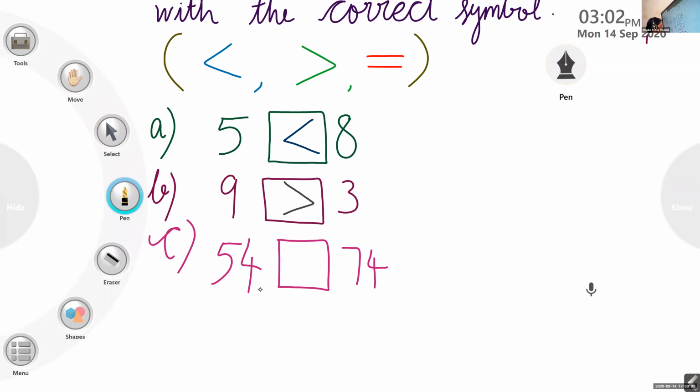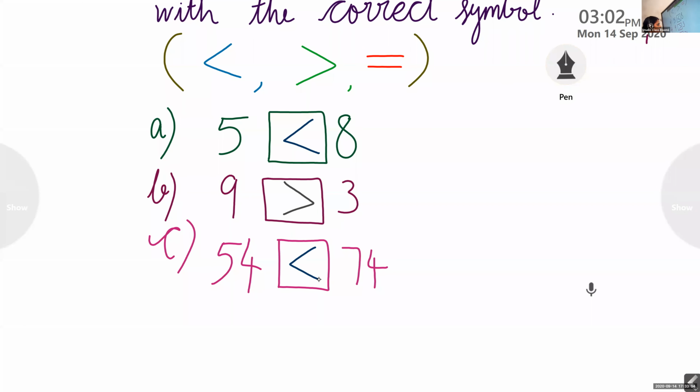Now read this. 54 is, is it less than or greater than? 54 is less than 74. Very good.